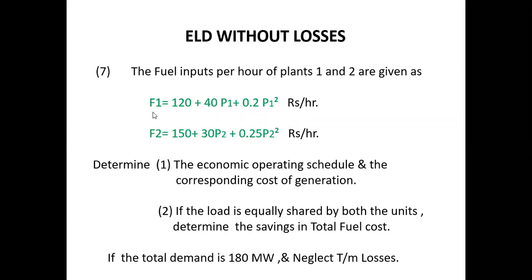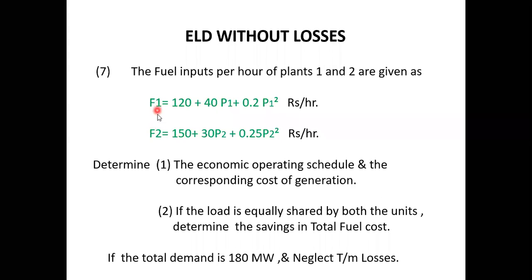Then we will get F1 and F2. Once we get F1 and F2, in order to find the total fuel cost, we need to add these two, F1 plus F2. That gives the total fuel cost for case 1.